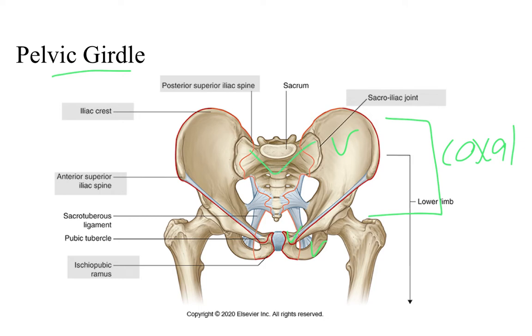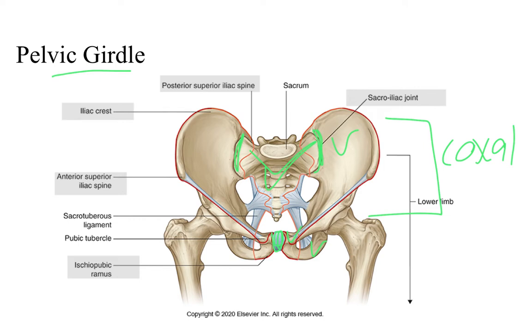Your sacrum, which is right here, and the joints that hold them together. So here you would have the pubic symphysis holding together the two pubic regions of the coxal bones, and the sacroiliac joints here between the ilium of the coxal bone and the sacrum.